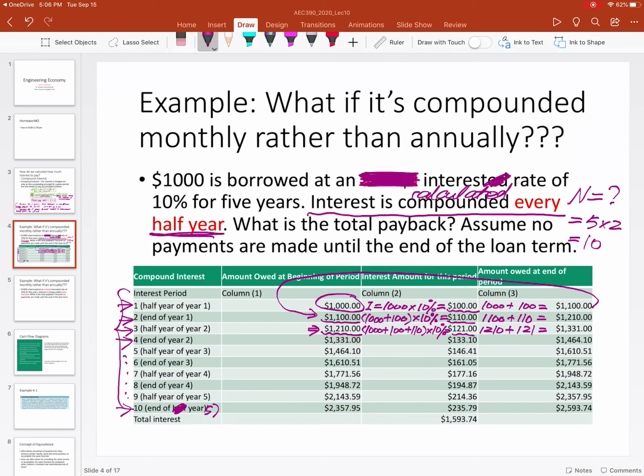Okay, so you just keep repeating this process again and again until you hit the end of the 10th period. And if you want to know your total interest, that will be the sum of this column.